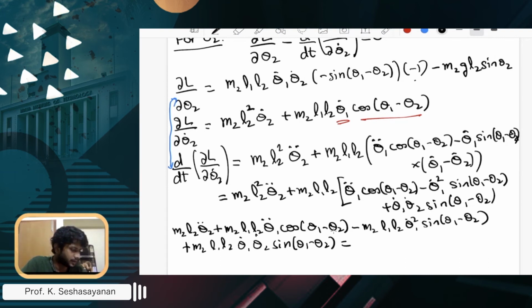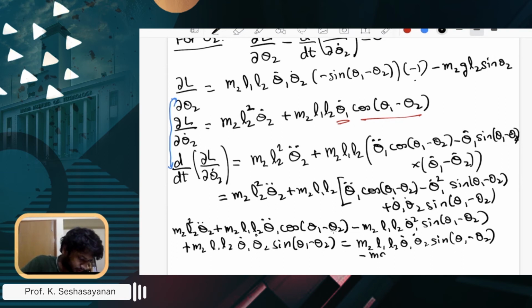So the first term has a double minus, so it's a plus. So one gets m2 L1 L2 theta 1 dot theta 2 dot sine of (theta 1 minus theta 2), and the last term, which is minus m2 g L2 sine of theta 2.